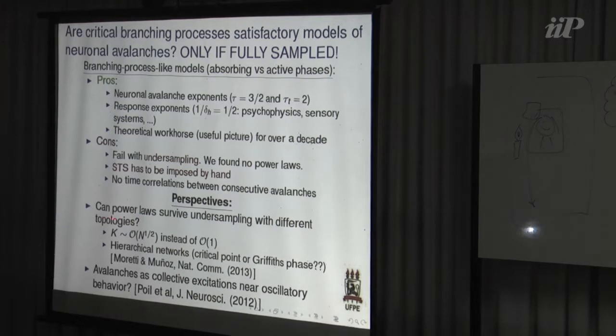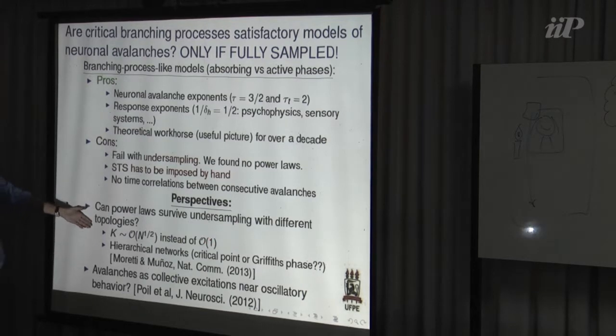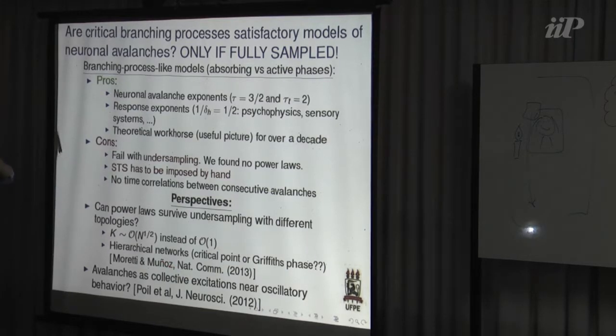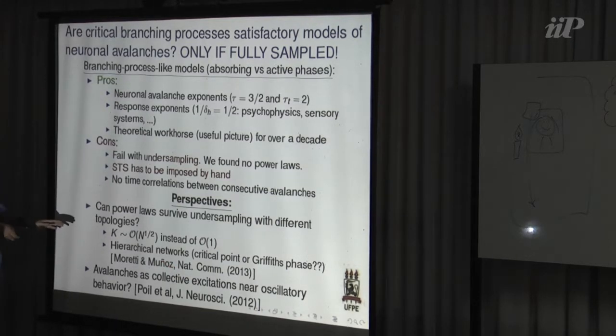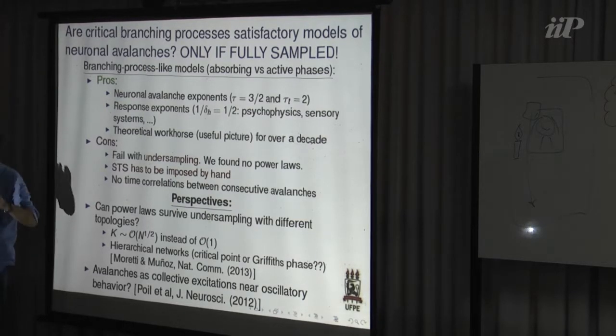So maybe if you use a different topology, if you scale the connectivity with n to 1/2 instead of order 1, these are technicalities. Some people have shown, like Miguel Munoz, that if you have hierarchical networks, so a very particular topology, you can have something which is called a Griffiths phase, which is not exactly a critical point, but which has generic power laws.